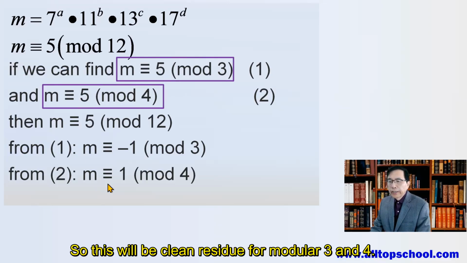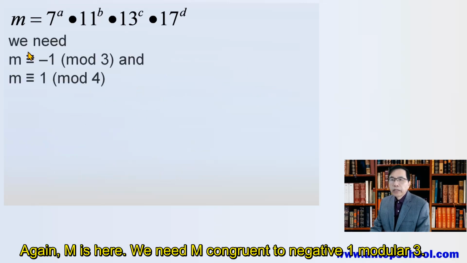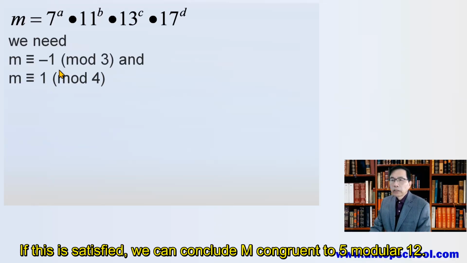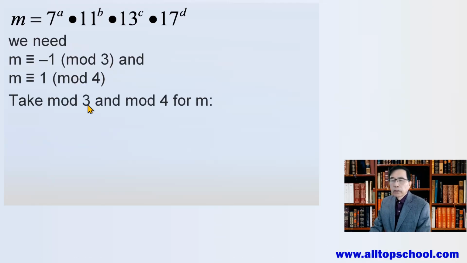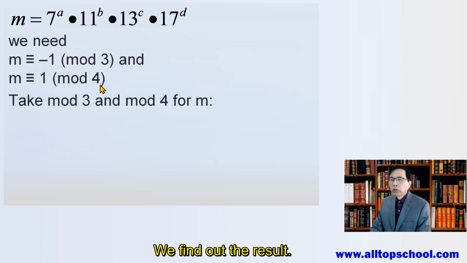So these are clean residues for modulo 3 and 4. Again, we need m congruent to -1 modulo 3, and at the same time m congruent to 1 modulo 4. If these are satisfied, we can conclude m congruent to 5 modulo 12. We're going to take the modulo 3 and the modulo 4 for m separately.